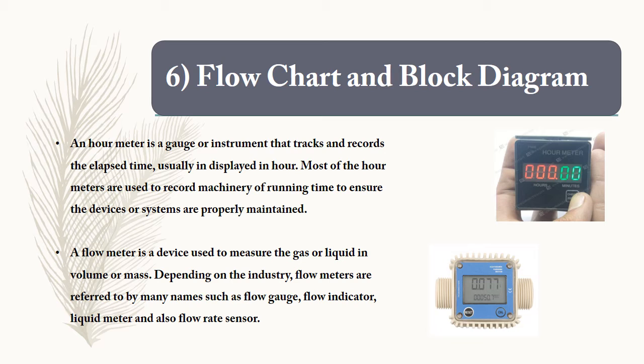A flow meter is a device used to measure gas or liquid in volume or mass, depending on the industry. Flow meters are referred to by many names such as flow gauge, flow indicator, liquid meter and also flow rate sensor.